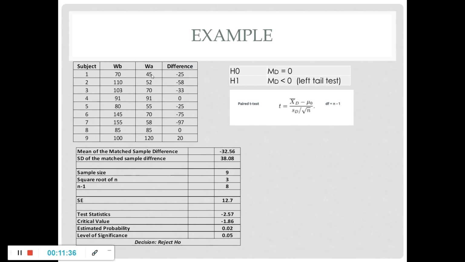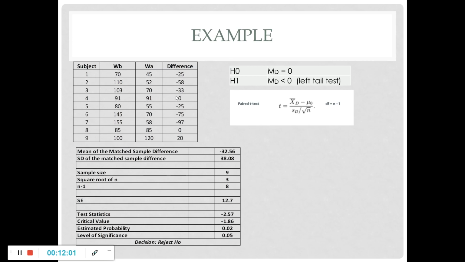So you are basically subtracting the weight after undergoing the weight loss program from the weight before undergoing the weight loss program. So mostly you have weight reduction.